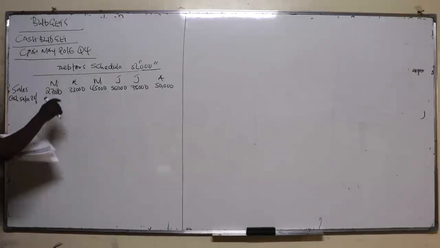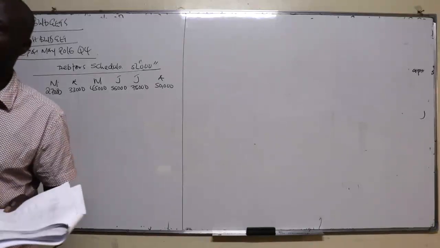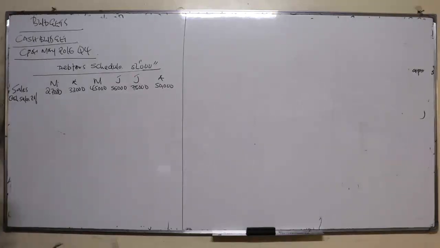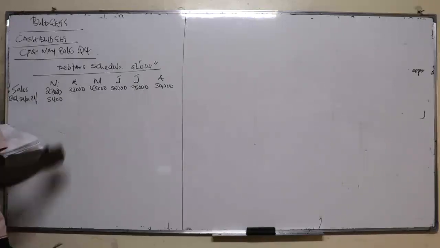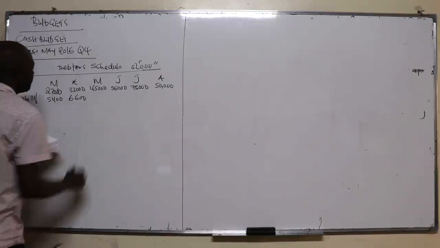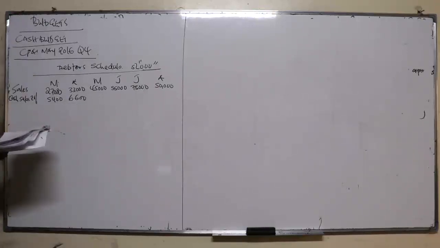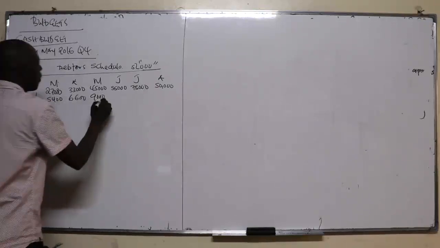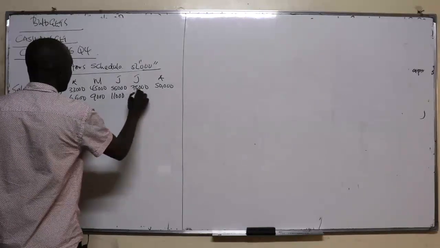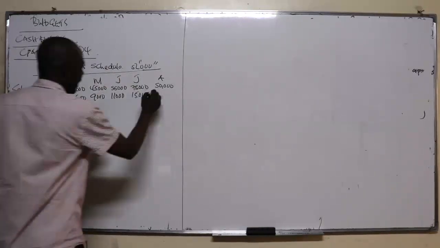So 20% of 27,000 is 5,400. Then 6,600, 9,000, 11,000, 15,000, and 10,000.